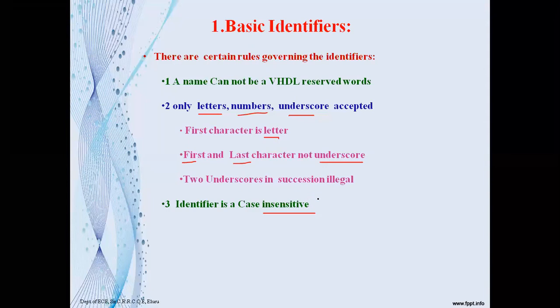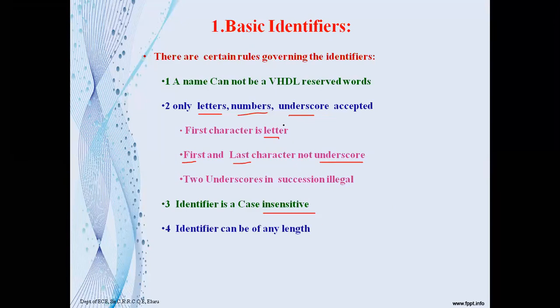And another rule is that an identifier can be of any length. Maximum you can take 32 characters. Actually, there is no limit, but with the constraints of the software, it can be up to 32 letters.